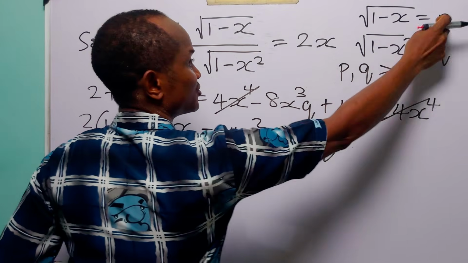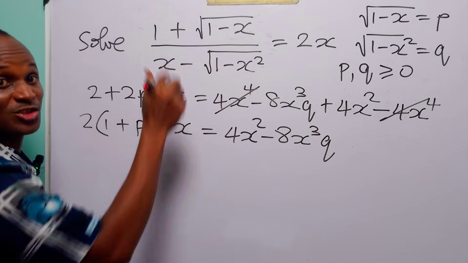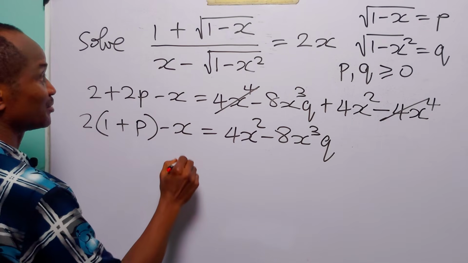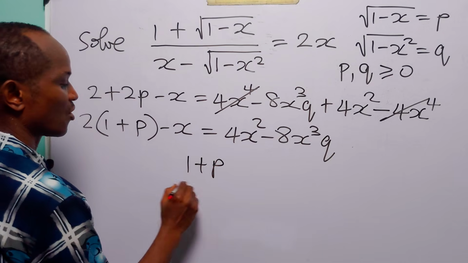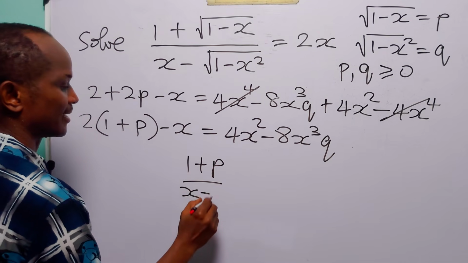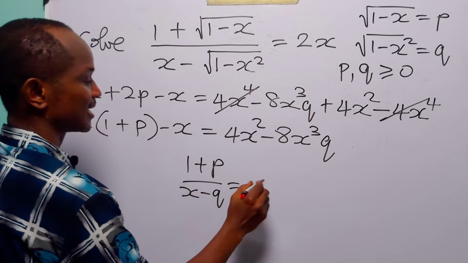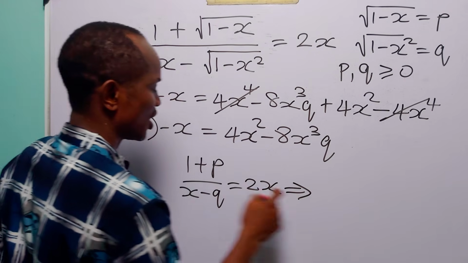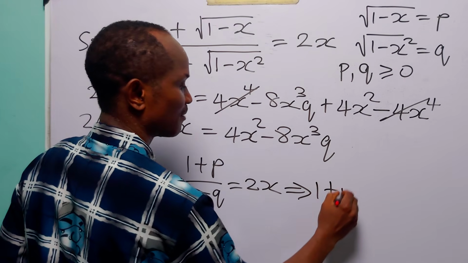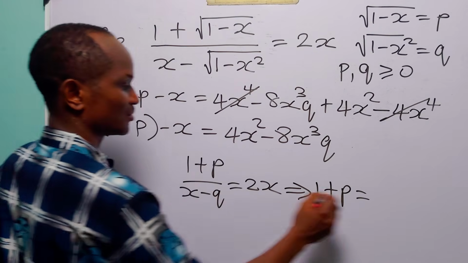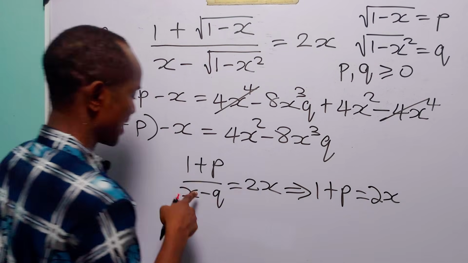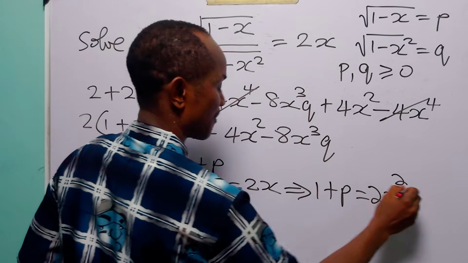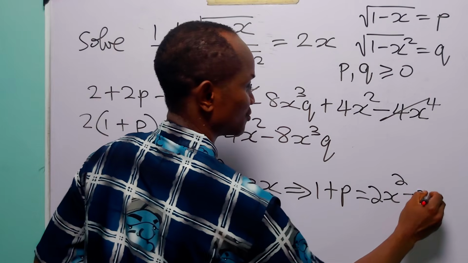From these two substitutions, in the original equation, we have (1 plus p) over (x minus q) is equal to 2x. And of course, you remember that from here, we got that 1 plus p is equal to 2x squared minus 2x cubed q.